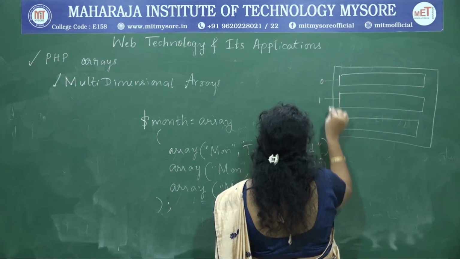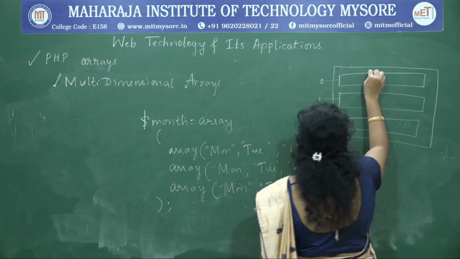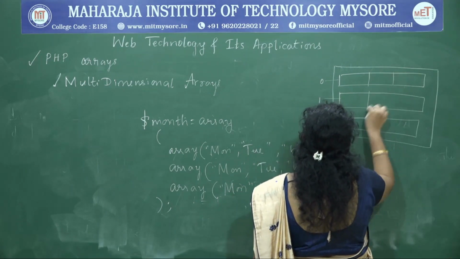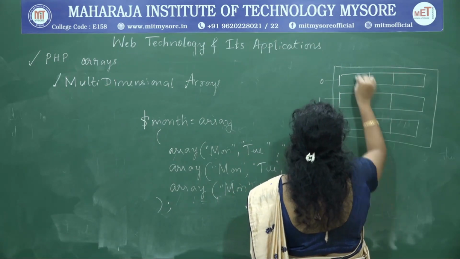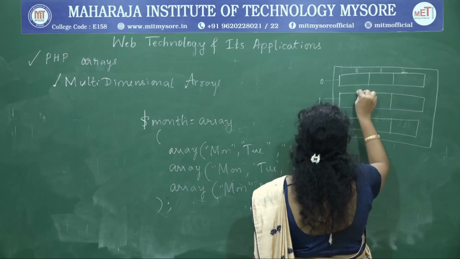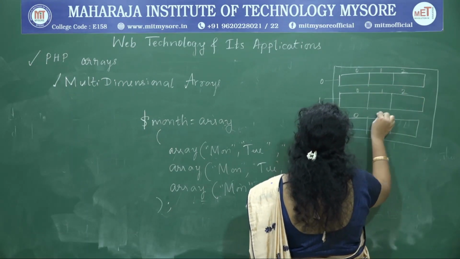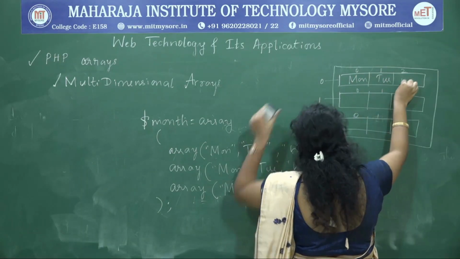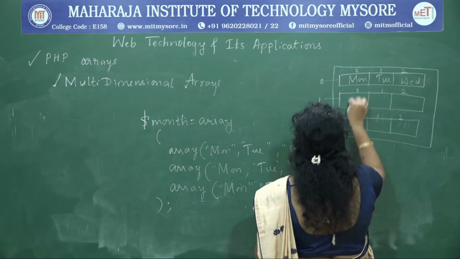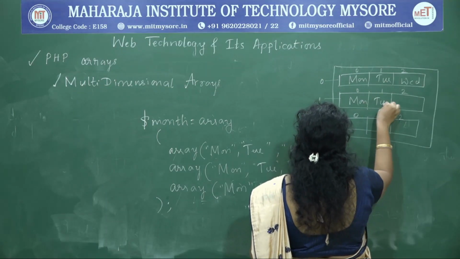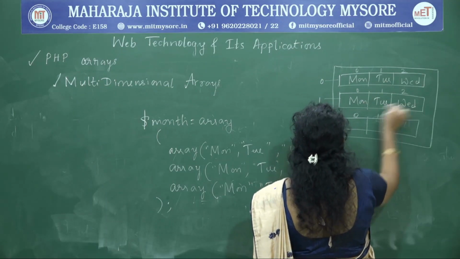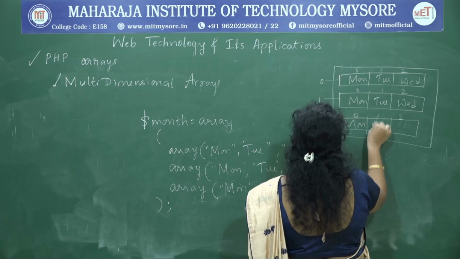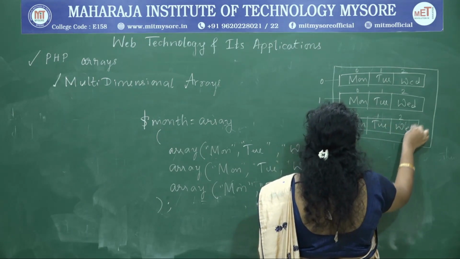This is row 0, 1, 2, and here columns 0, 1, 2, 0, 1, 2, 0, 1, 2. This is Monday, Tuesday, Wednesday, Monday, Tuesday, Wednesday, here also Monday, Tuesday and Wednesday.